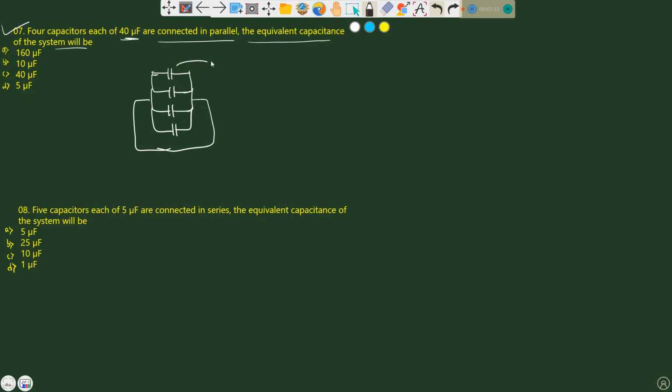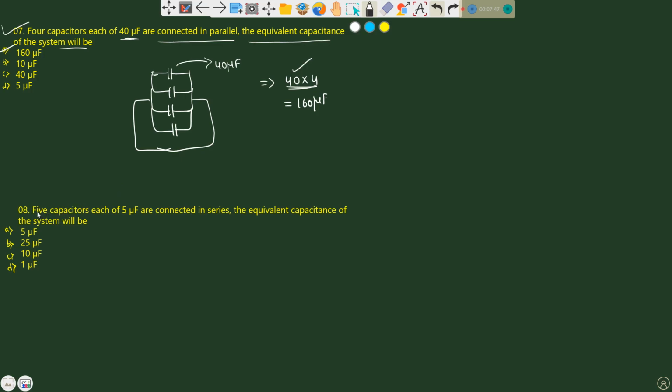All our values are 40 microfarad each, then you need to add all the capacitors. So 40 times 4, it will be 160 microfarad. Instead of adding, I am just taking one capacitor and multiplying with 4. So this will be 160 microfarad.